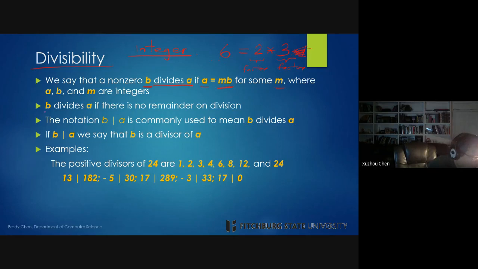So basically when we say b divides a, that means b can divide a, and there's no remainder on division.